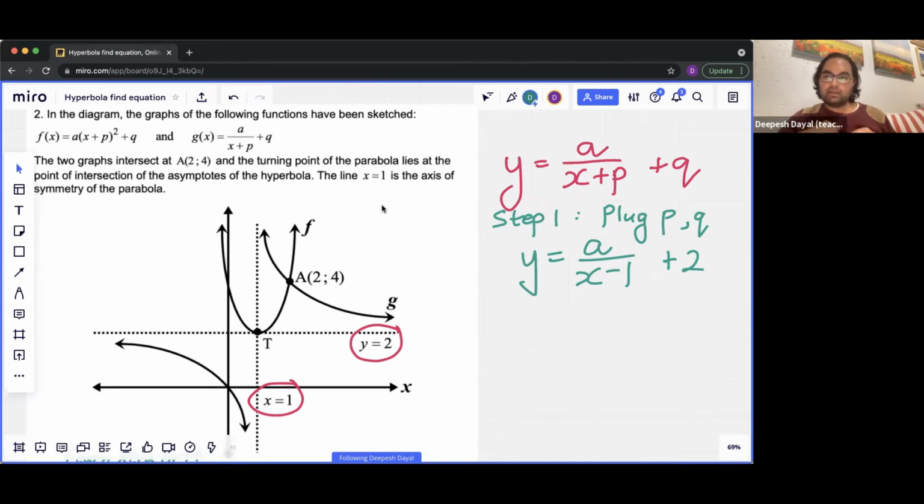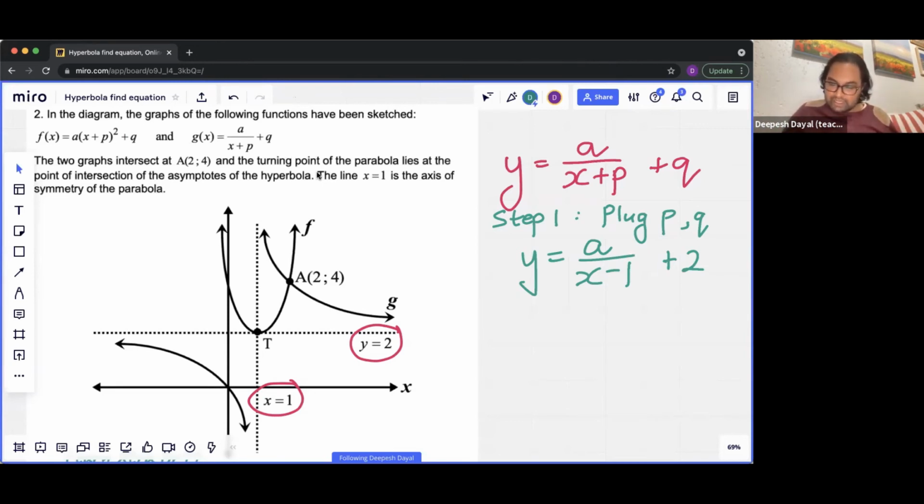Yes. Okay, great. And the sign, hey, it's x minus 1 plus 2. Correct. Well done, everybody. A over x minus 1 plus 2, and that is the equation. Y is equal to a over x minus 1 plus 2.